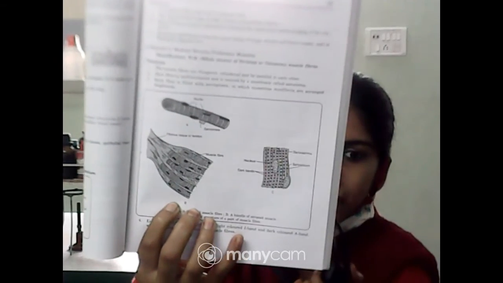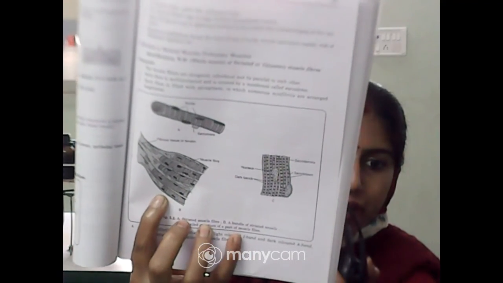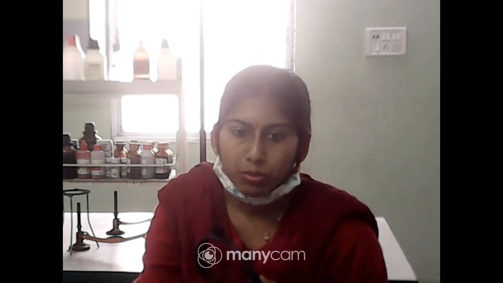So this is the structure. You can see that many nuclei are present. They are cylindrical, lie parallel, and different dark and light bands are present here. All these diagrams are also present in your theory book. It will be better if you check it from the theory book also.